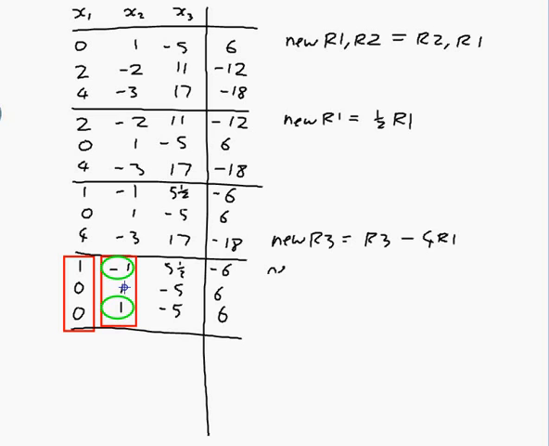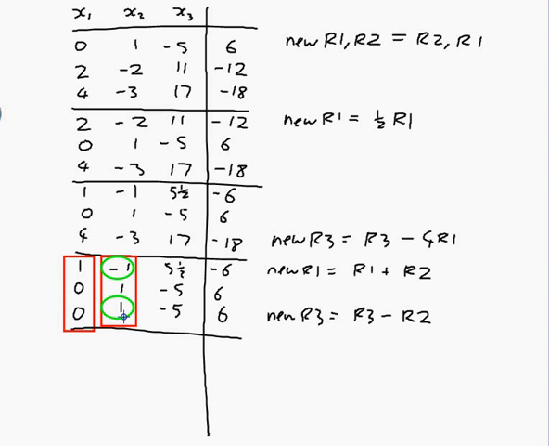So my new row 1 will be equal to row 1 plus row 2. And I would like a 0 here as well. So my new row 3 would be row 3 minus row 2. New row 3 is equal to row 3 minus row 2.